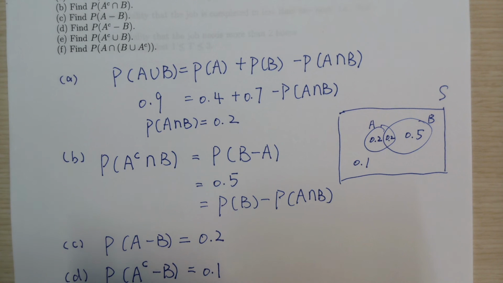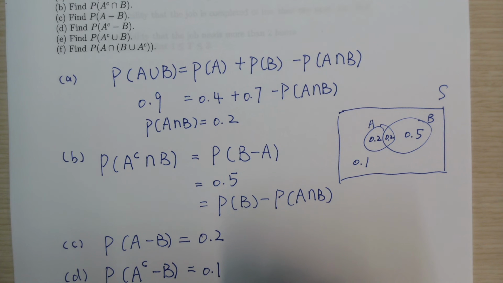As for number F, the probability of (A intersect B) union A complement.